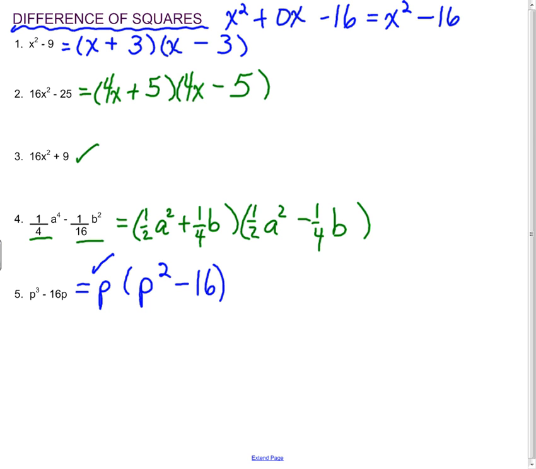But I can continue with what's in the brackets and factor further. So I would rewrite p, factor p squared minus 16 as a difference of squares. So two sets of brackets with p at the beginning of both. They will look identical, but one will have a plus and one will have a minus, and 4 goes at the back half of each bracket. We are done factoring difference of squares.